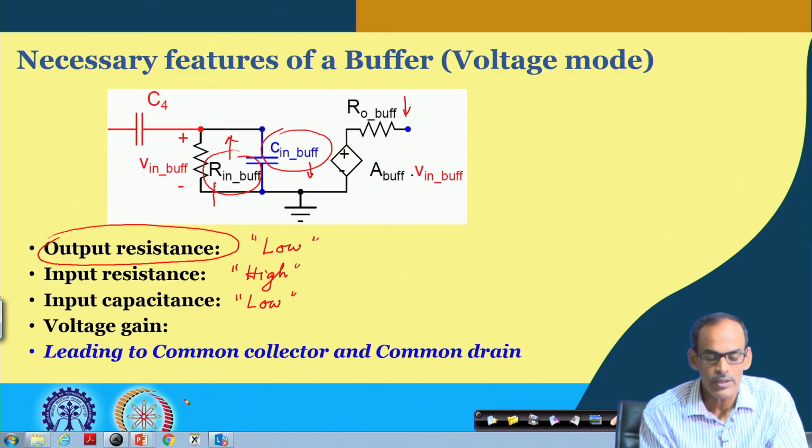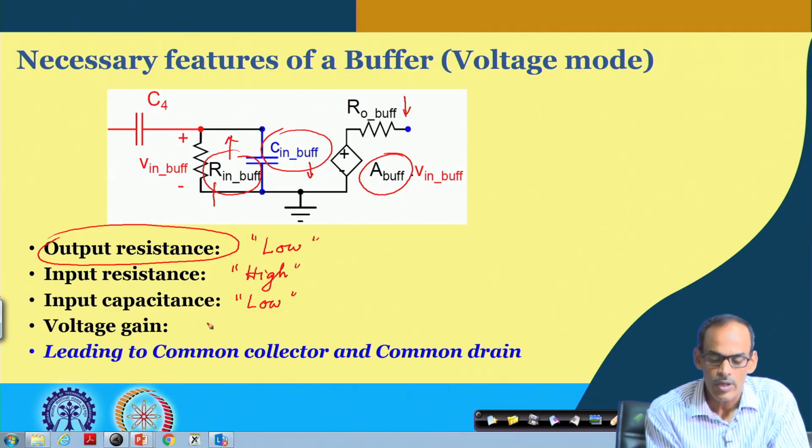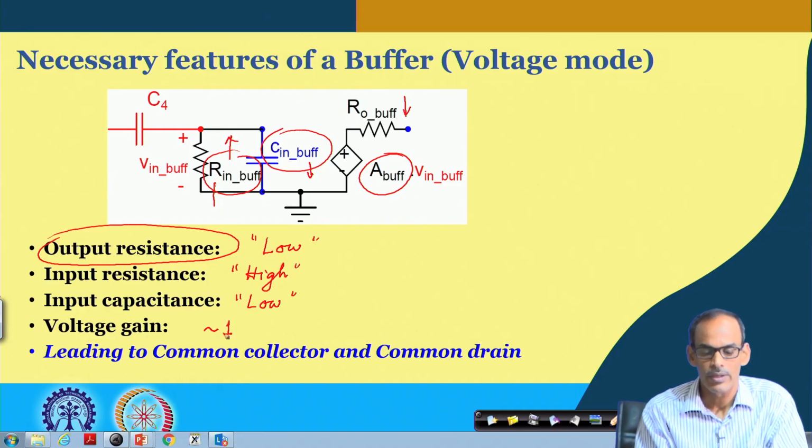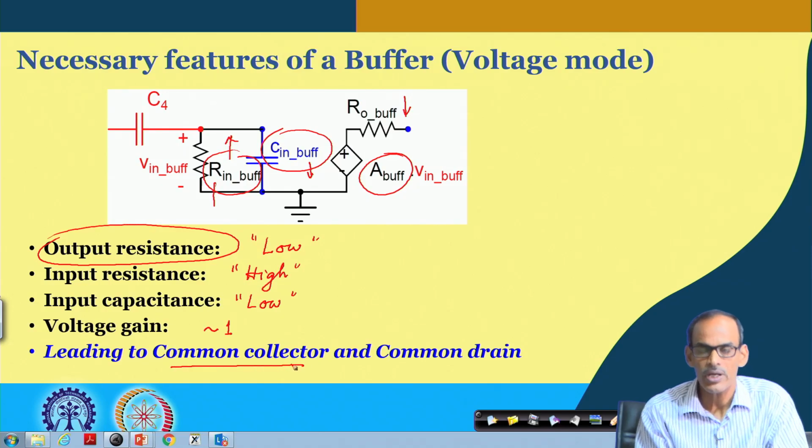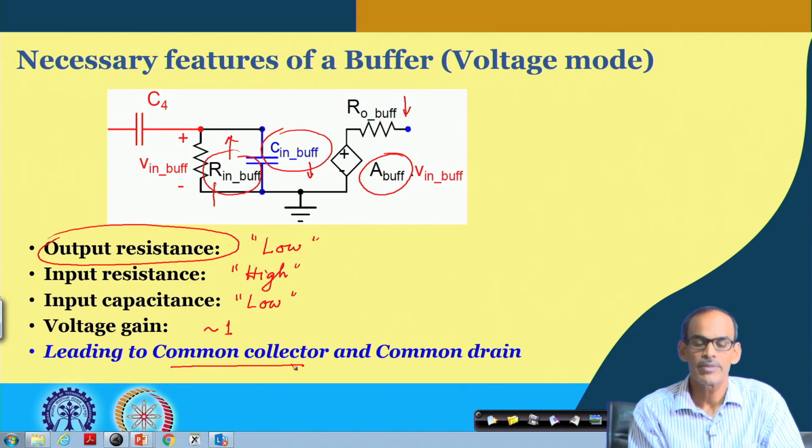And then the voltage gain of this circuit, preferably it should not be very small. We should be rather happy if it is in the order of 1. Now, this kind of requirement will be obtained by a different circuit configuration, namely common collector if it is implemented by BJT.